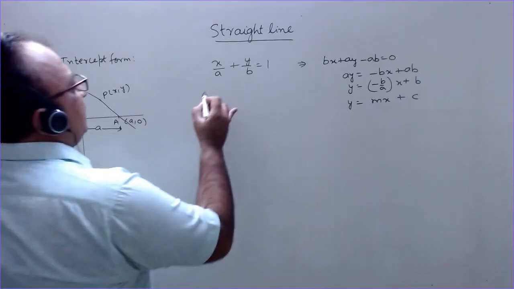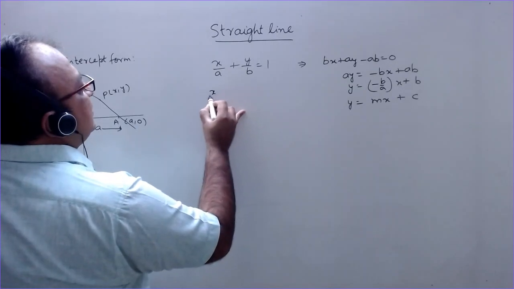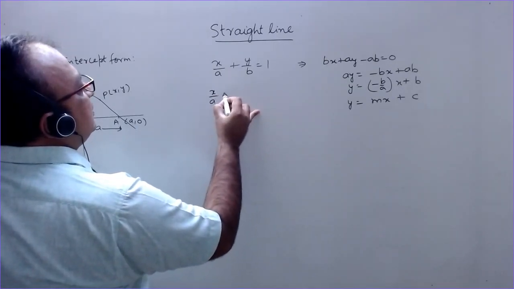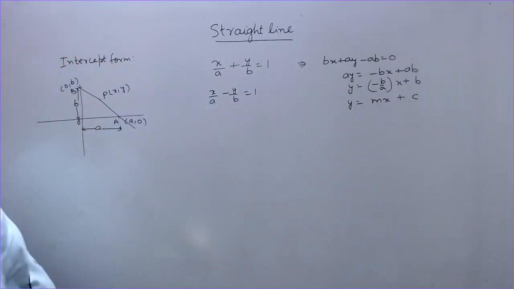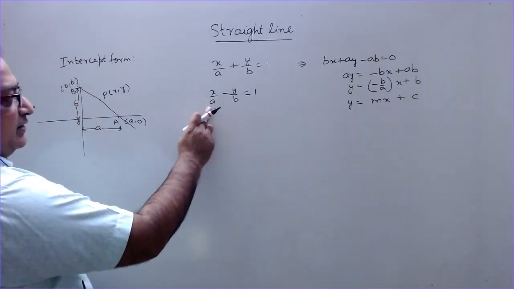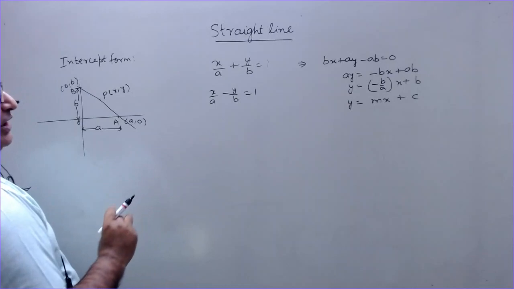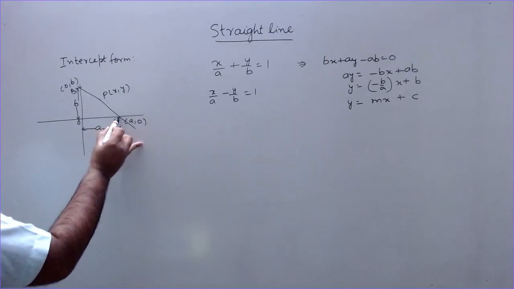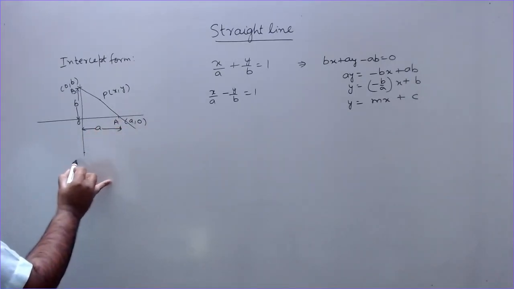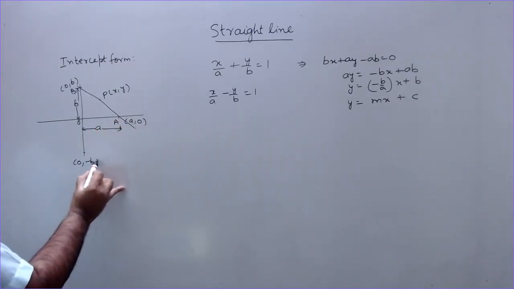Suppose I write the equation like this: x upon a minus y upon b is equal to 1. That means the intercept on this axis is positive, whereas b is negative. The intercept on the y-axis is negative. So positive on the x-axis, and this point is 0 minus b.